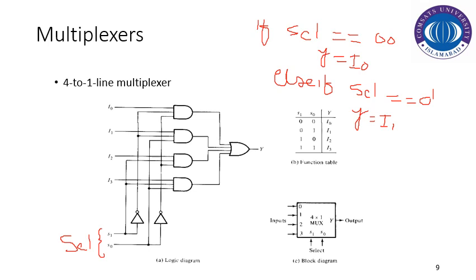So this diagram basically represents a 4 cross 1 multiplexer, and depending upon that particular selection criteria which has been mentioned inside this box, the inputs are being mapped to the output.